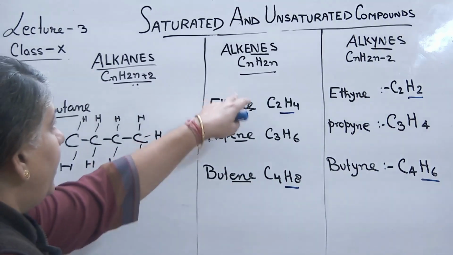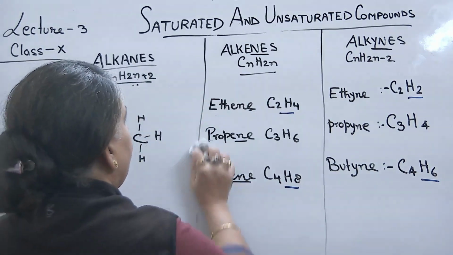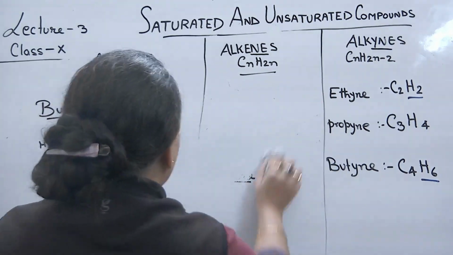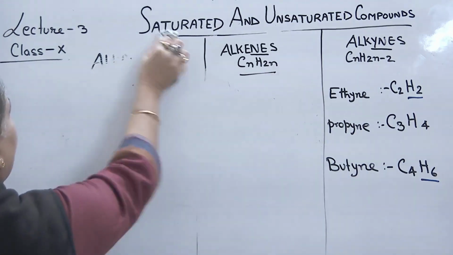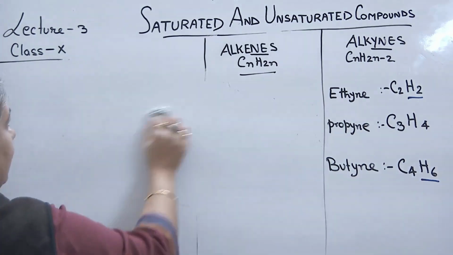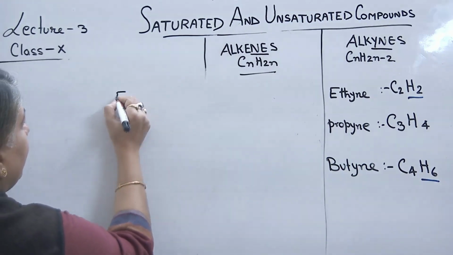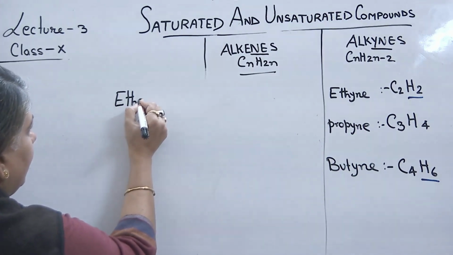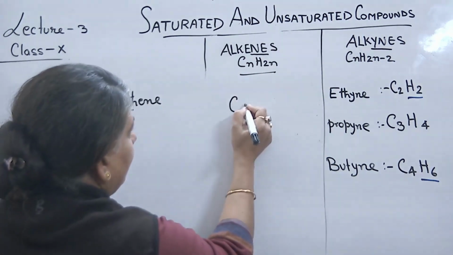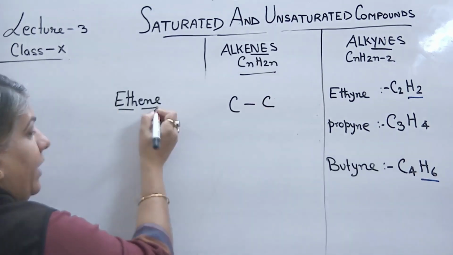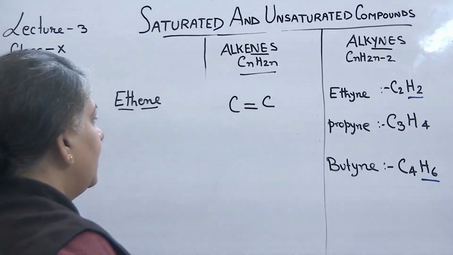Now for alkenes, we'll follow the same pattern. See, ethene. So eth means 2 carbon, and you have this word ene, which means there will be a double bond between the 2 carbons.